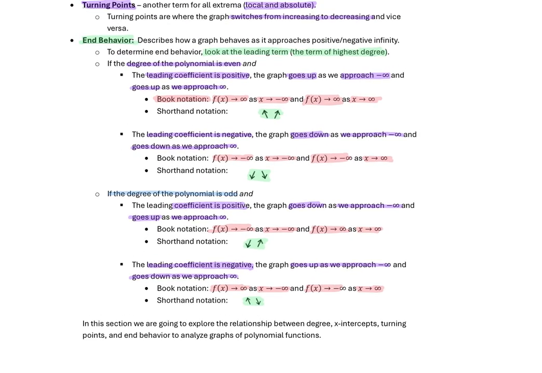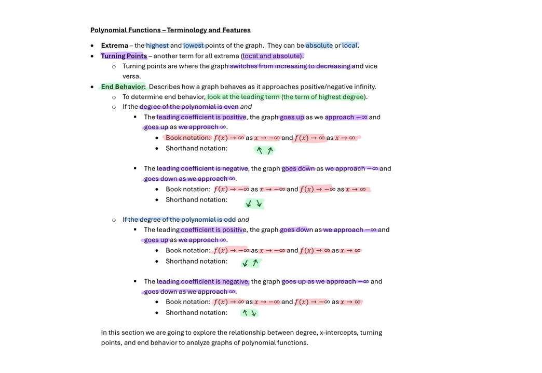All right, so what we're going to be talking about in this section is, first off, the relationship between the degree, the x-intercepts, and the turning points. We're also going to be talking about end behavior, and we're going to apply this to analyze equations and graphs.